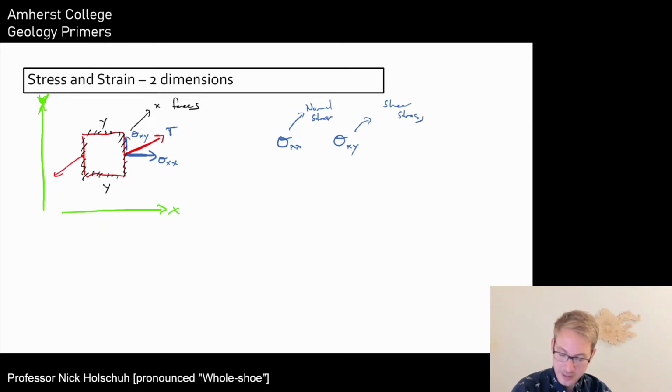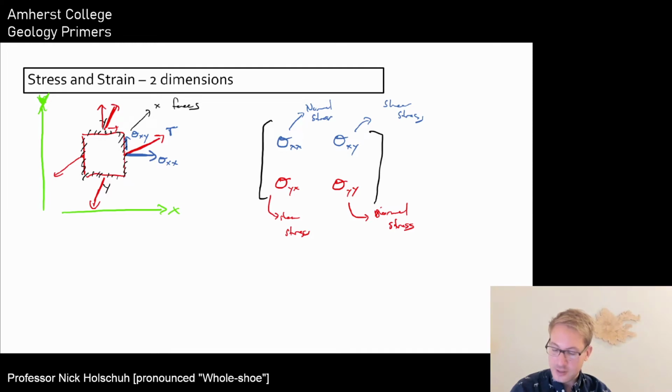We might similarly have some pull on the y face that we can resolve into a sigma yx and a sigma yy, where this again is a normal stress, this is a shear stress. This collection of four numbers can tell us about all of the stresses being applied to the box.